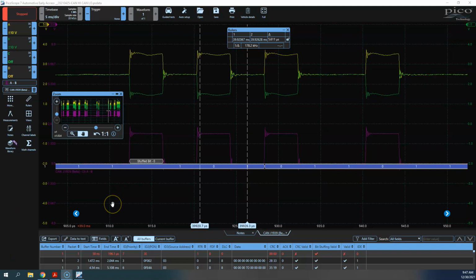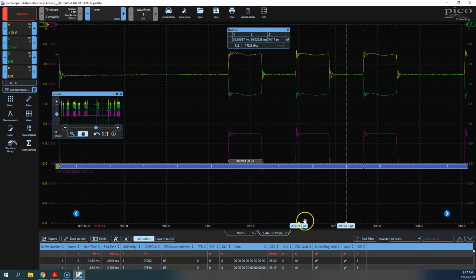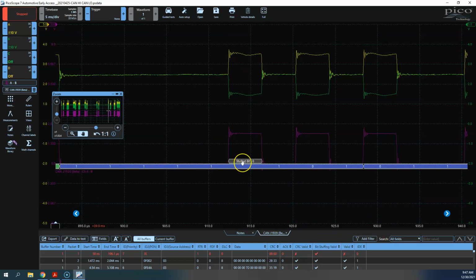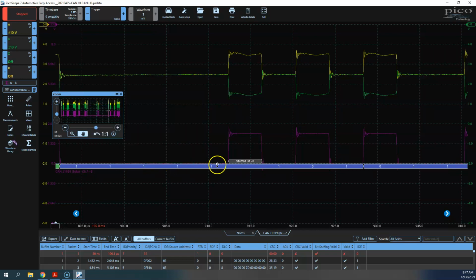I will mention one other thing that you see here, because we have an indication of a stuffed bit. We can see what's called a stuffed bit. One of the other rules of CAN is you're not allowed to keep the bus at the same logic state for more than 5 bits in a row. So you can see we have 5 recessive bits in a row. The next bit was going to be a recessive bit, and so the CAN transceiver is designed to cause the bus to go to the opposite state.